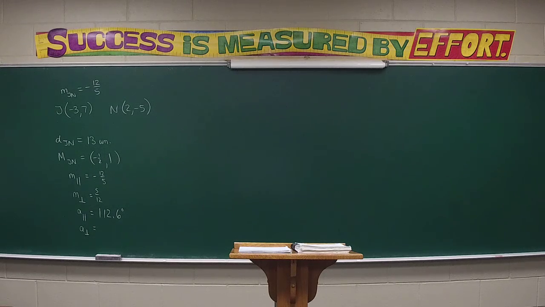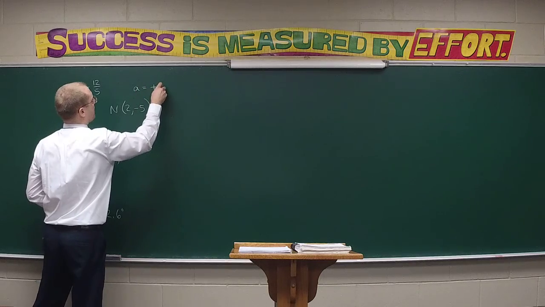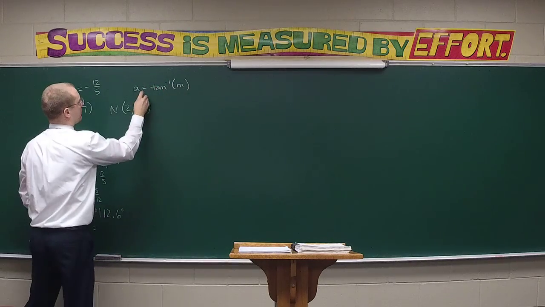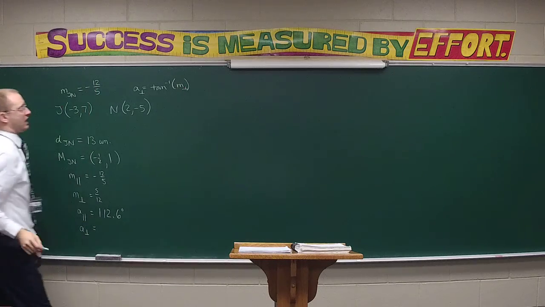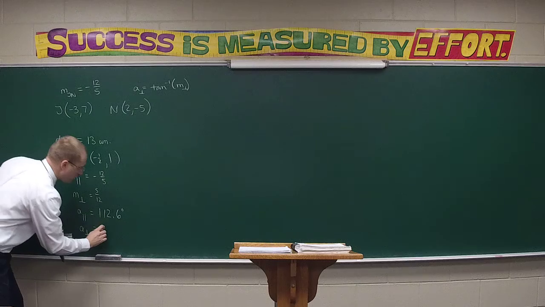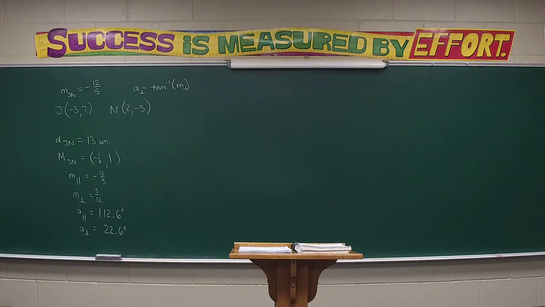Arctangent, not tangent, arctangent to get the angle. You still use this 112.6. Okay, so remember, angle of inclination is the arctangent of the slope. So if I want the angle of inclination of a perpendicular, I'll take the arctangent of the slope of the perpendicular. 22.6.